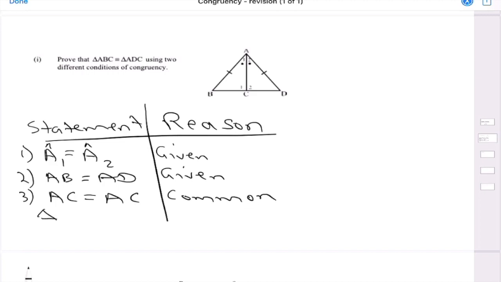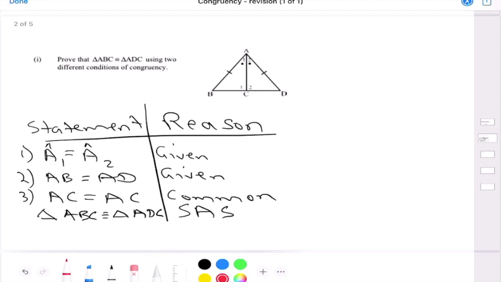Therefore, we can conclude that triangle ABC is congruent to triangle ADC. In this case, our condition will be side angle side, because remember we used this side and that angle in between. So that is side angle side.